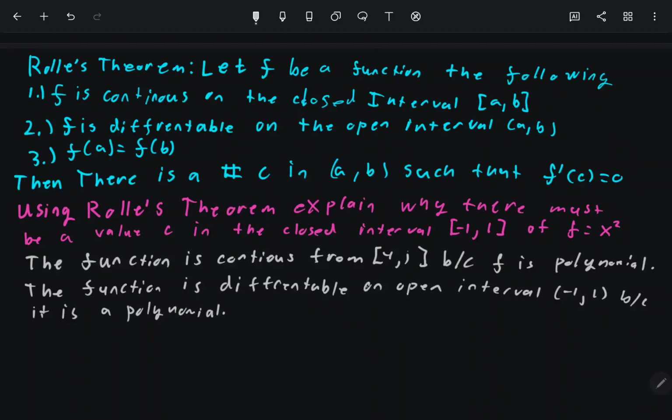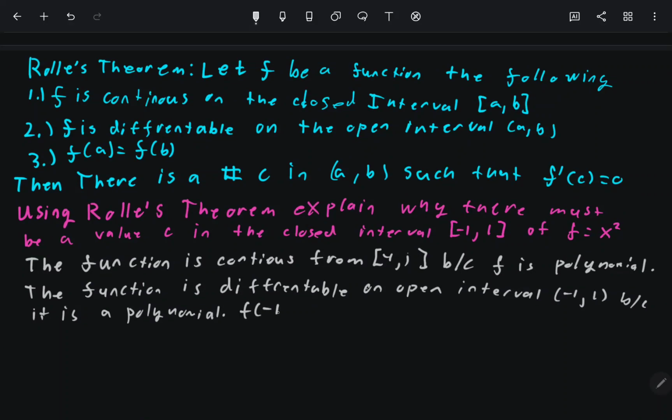Alright. The final condition that we need to make sure we know is that f of a is equal to f of b. So, f of -1 is going to be equal to f of 1, because f is an even function, so it must be equal to 1.